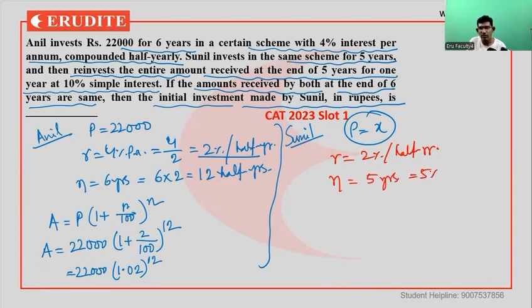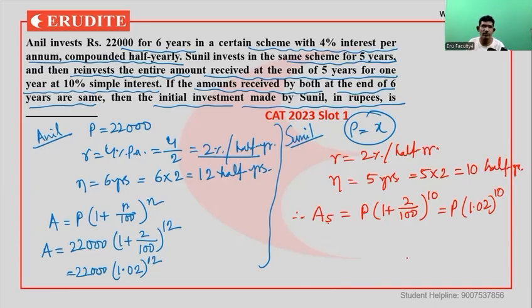So 5 years means 5 into 2, which is 10 half years. So what is the amount after 5 years? That will be simply P into 1 plus 2 by 100 whole to the power 10, which is P into 1.02 whole to the power 10.